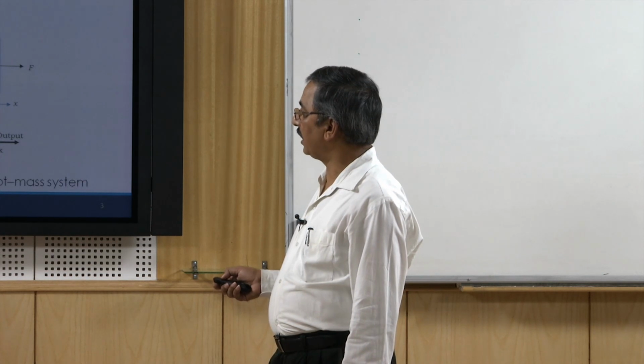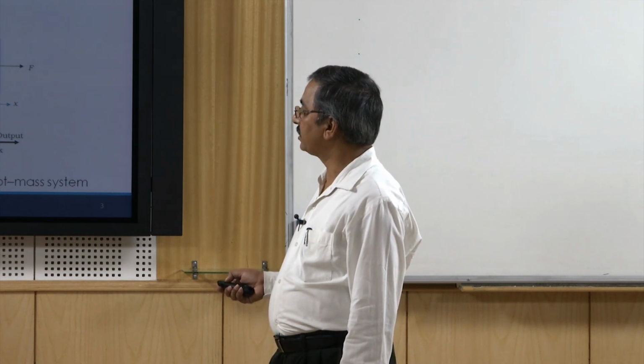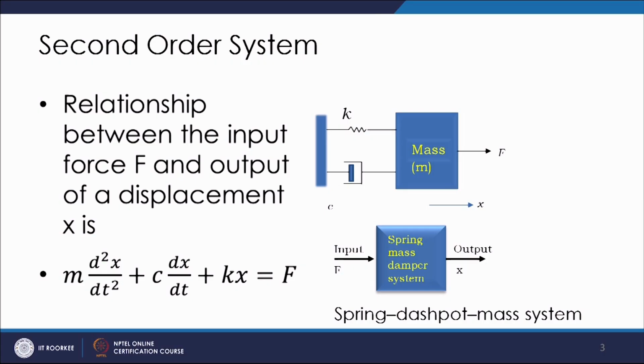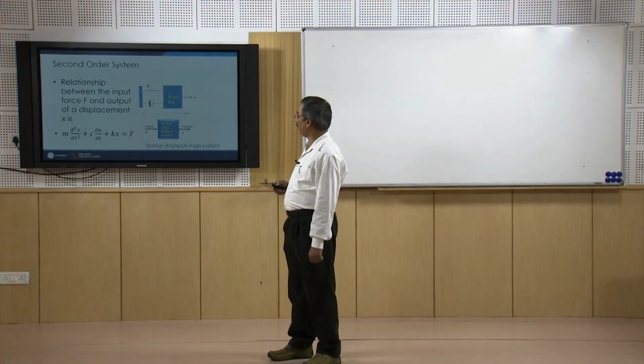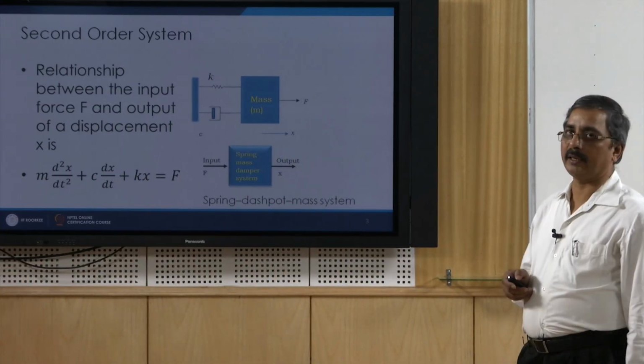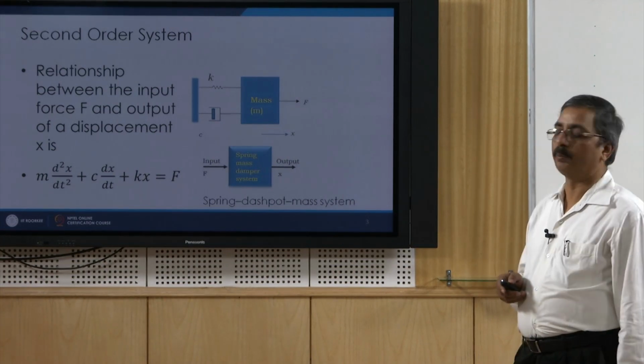Here this is the inertial force, this is the damping force, this is the spring force, and this is the input force being applied. In this equation, x is the output and F is the input.